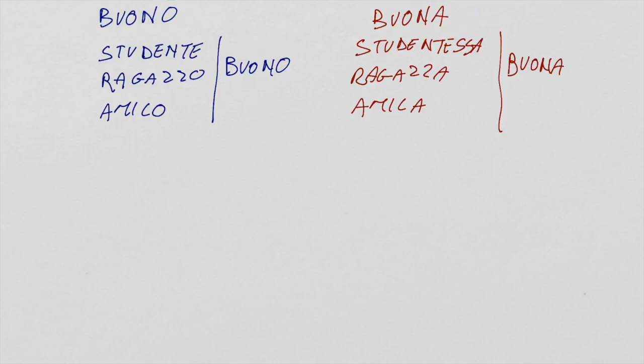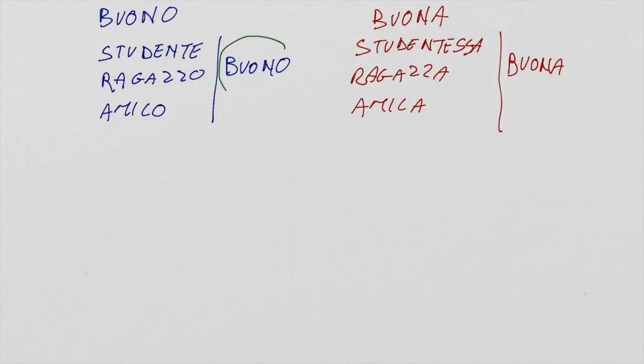The adjective buono and the feminine equivalent buona can be placed regularly after a noun, or they can even be placed before a noun. And in this case, as you know, the meaning is changing a little bit. Here you're going to learn how not only the meaning, but also the form of the adjective changes according to the noun.